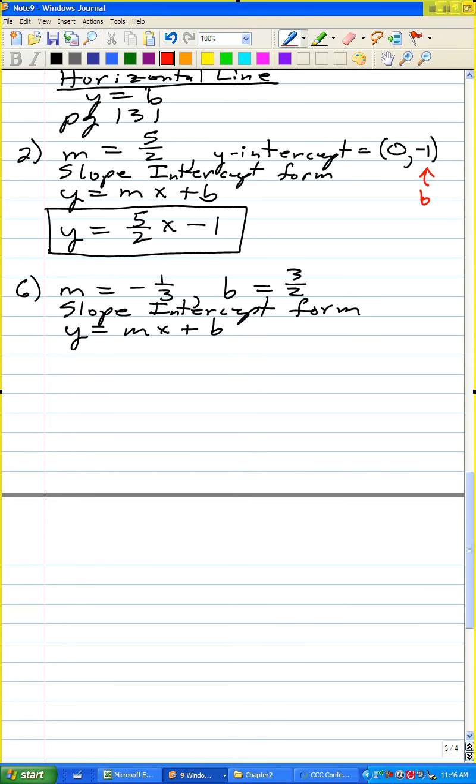Okay, let me do problem number 22. In exercises 11 through 22, graph the line for which the slope m and one of its points is given. M equals 5 halves, and the point is (4, -2).